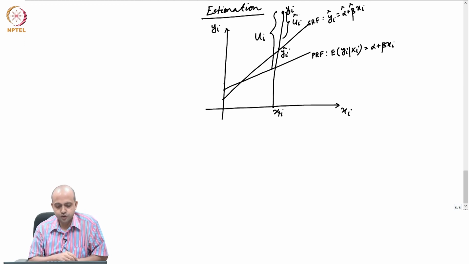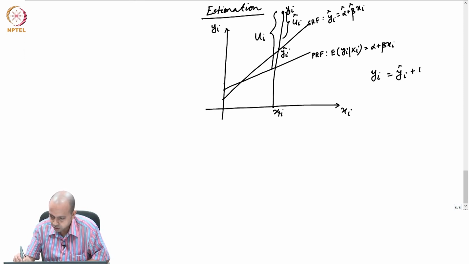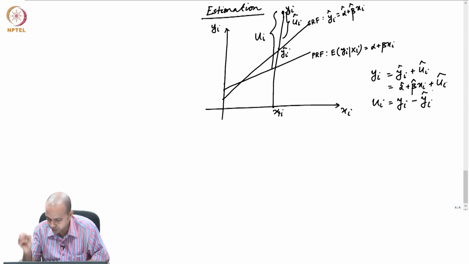So from this relationship what I can write is yi equals yi hat plus ui hat. So we can write alpha hat plus beta hat xi plus ui hat. This is what you can write, and ui hat is basically yi minus yi hat.